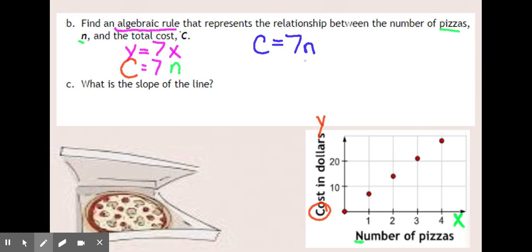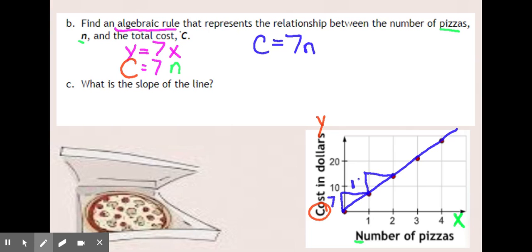And last, we've been working on slope for all of last week, and we're now asked to find the slope of this line. So to find slope, I know that I can draw in my triangle. And even though that's not a perfect point, I know based on the question that this is $7 and this is one pizza.